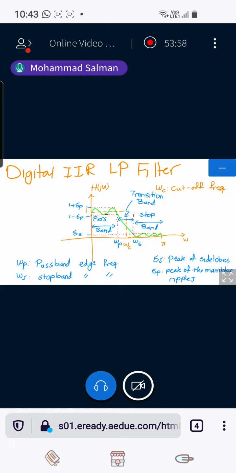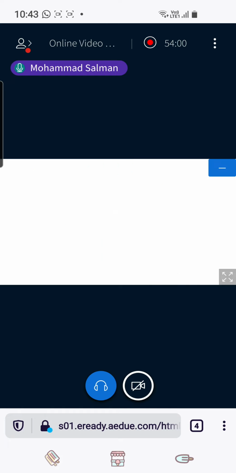So what we need to do, ladies and gentlemen, in reality, is say I want to design a filter whose ripples are between this value and this value, and whose edge frequencies are omega P and omega S. I say what the values are, and delta S should be somewhere here.